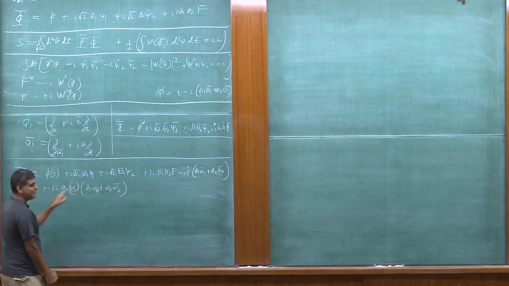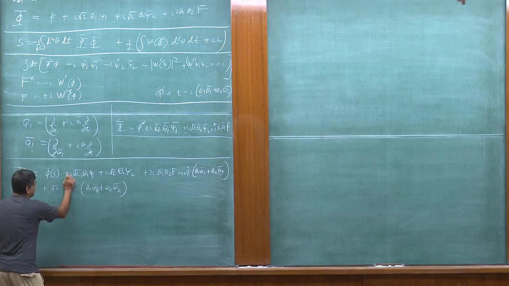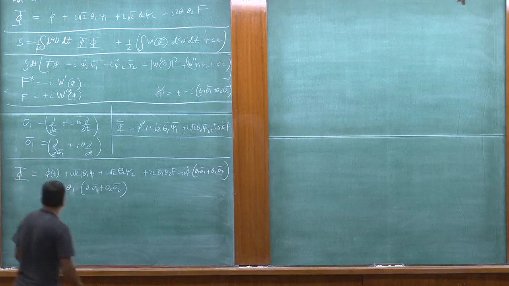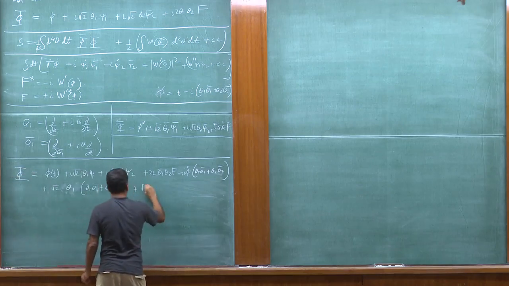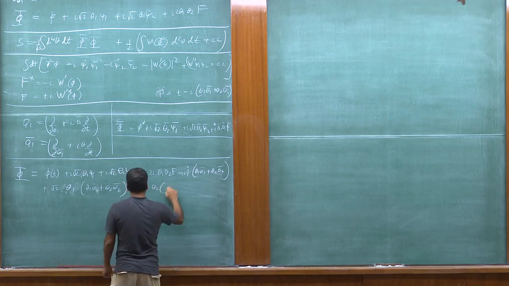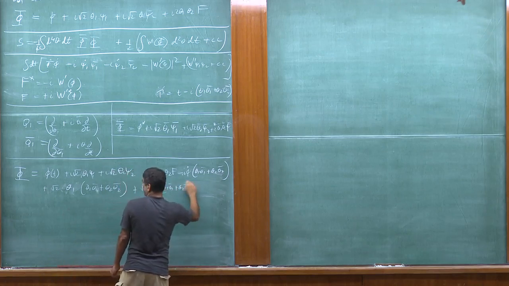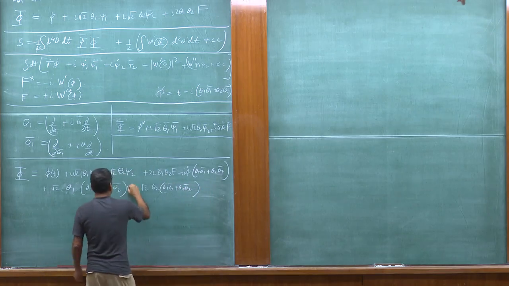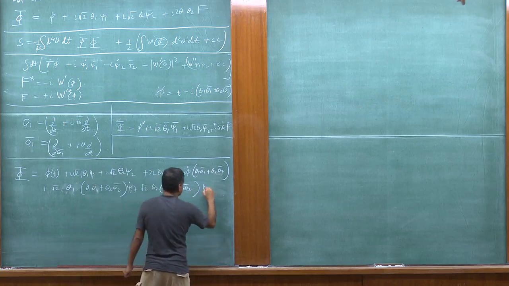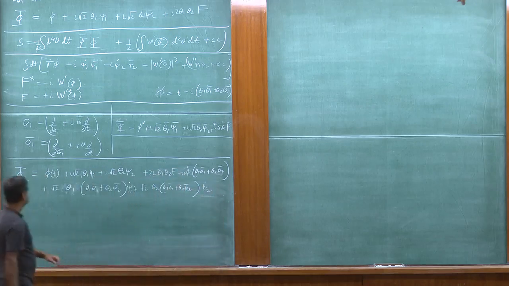Now i and minus i cancel, so that's just a plus. As usual, you guys have to police me. And then of course there's a similar thing from the other side, square root 2 theta 2 theta 1 bar plus theta 2 bar. And this had a psi 1 dot. This has a psi 2 dot. All good so far? Okay.